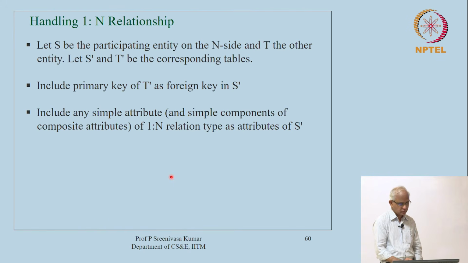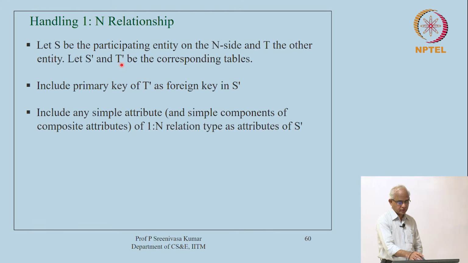Okay. Now let us move on to how to handle a one-to-many relationship type. In this case, let us say S is the participating entity on the N side, and T is the other entity, so there is a one side and an N side. Let us say we have already mapped S to S prime and T to T prime, the corresponding tables.